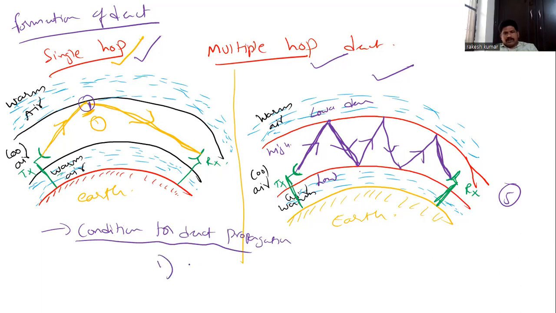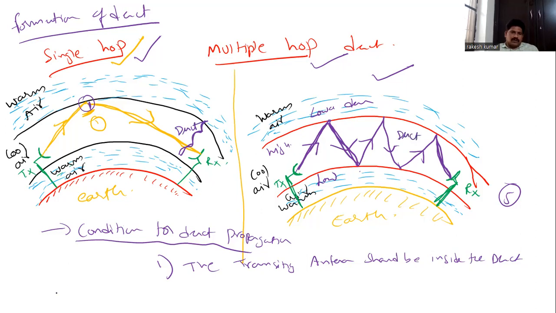The first one is the transmitting antenna. The transmitting antenna should be inside the duct. What I have told is that this region is nothing but the inversion region or cool region, or this is nothing but the duct.